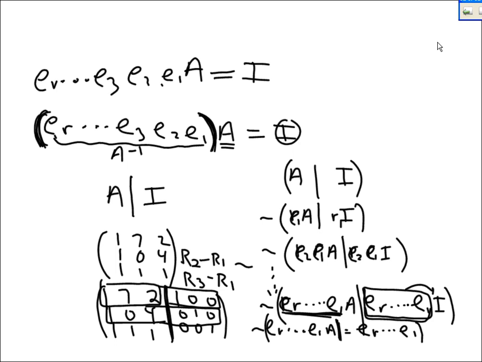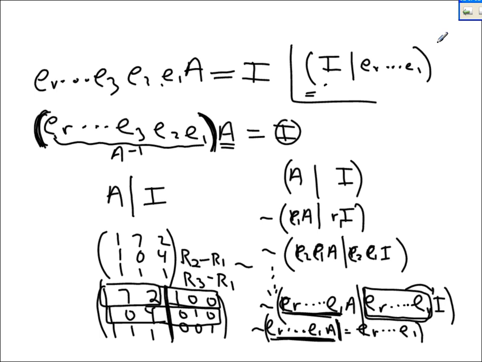Okay. Now, one last thing, or maybe 2 lines. This on the left is the identity, and on the right side, we have E_R through E_1. But E_R through E_1 is the inverse.